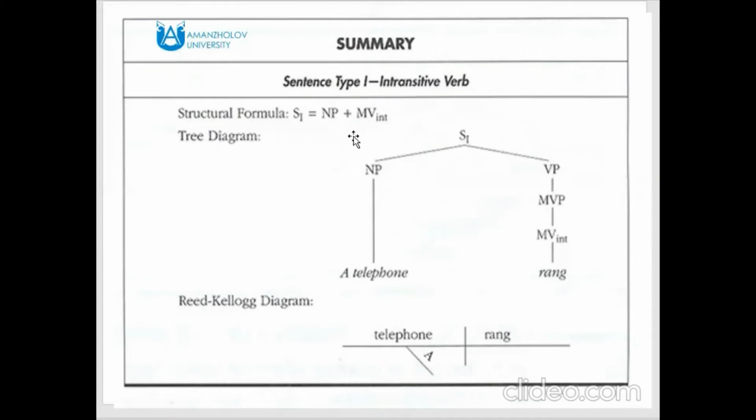This sentence type gets its name from the intransitive verb that is its distinguishing feature. For example, John snores loudly, or fish swim quickly, or, like the sentence on the screen, a telephone rang.